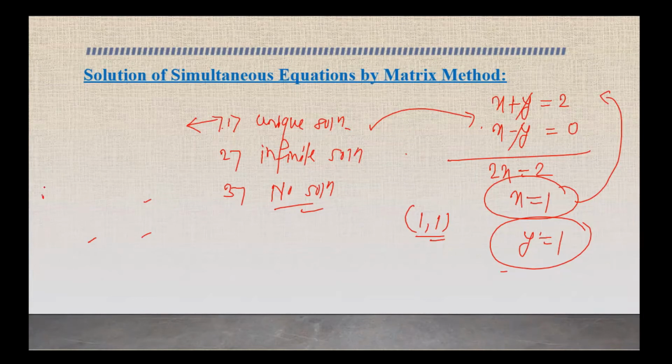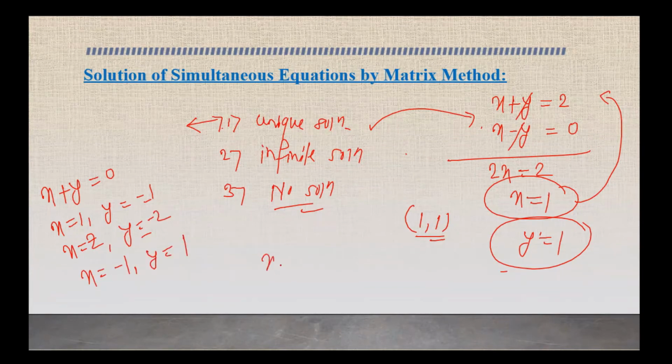If you consider the second example, I have only one equation, x plus y is equal to 0, and I have to solve this equation. Now the values of x and y for which this equation is satisfied are infinite. Why infinite? Because if we use x is equal to 1, we get y is equal to minus 1. 1 minus 1 is 0. Again x is equal to 2, y is equal to minus 2. x is equal to minus 1, y is equal to 1. x is equal to 5, y is equal to minus 5.